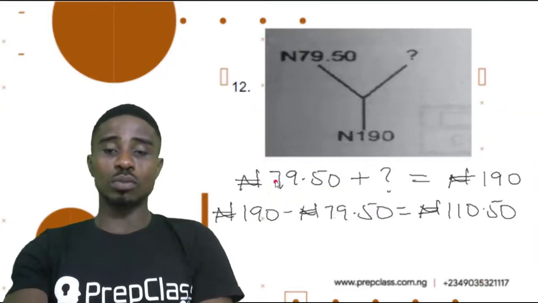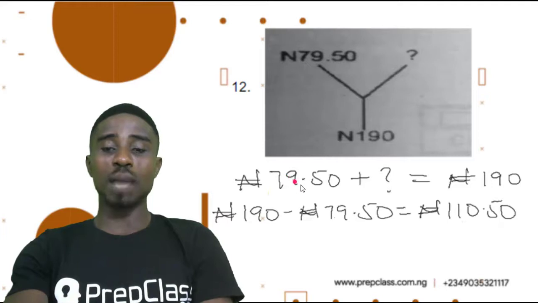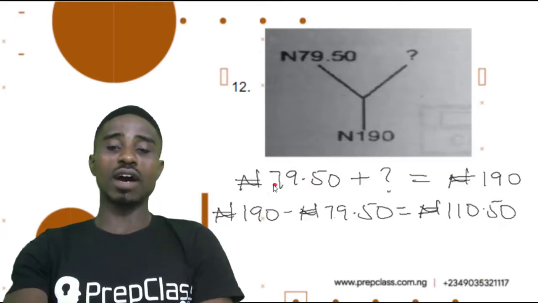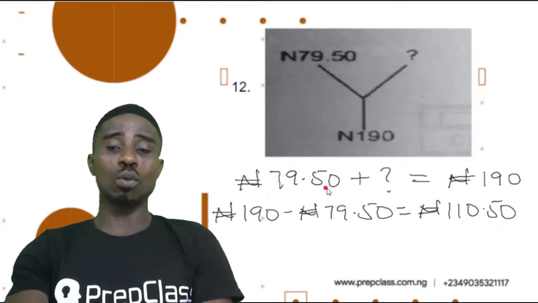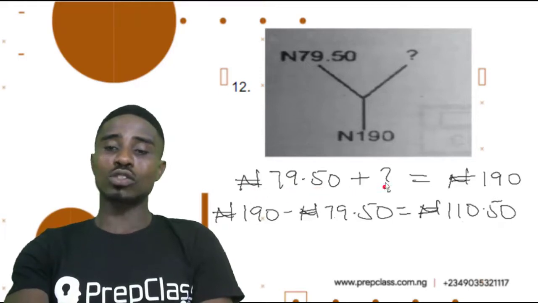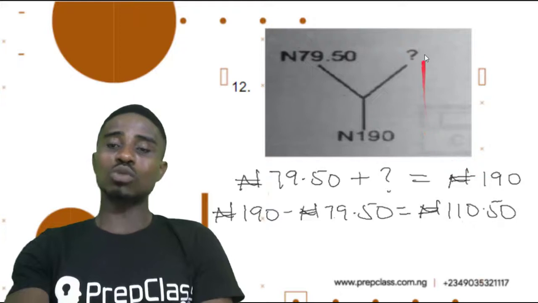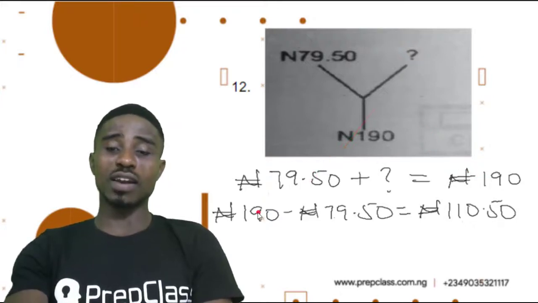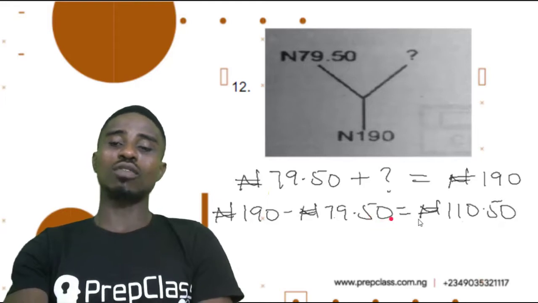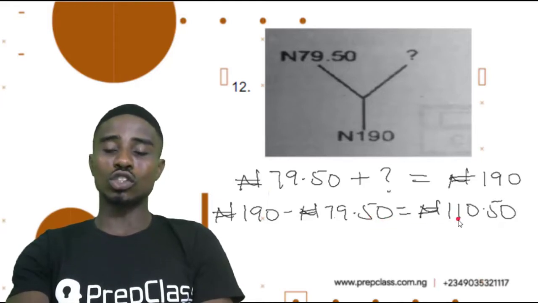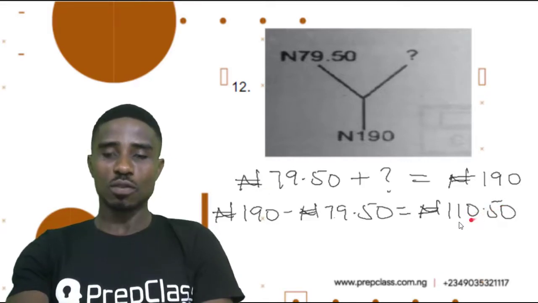So it ought to be 79.5 naira, or 79 naira 50 kobo, plus what ought to be here to give us 190 naira. But since we don't have this, we're going to say 190 naira minus 79 naira 50 kobo, and that will give us 110 naira 50 kobo.